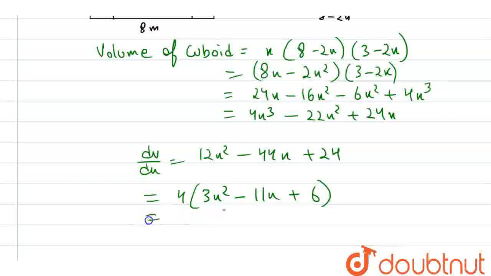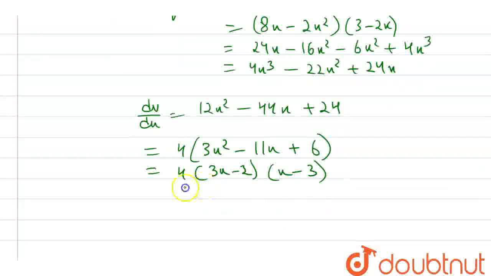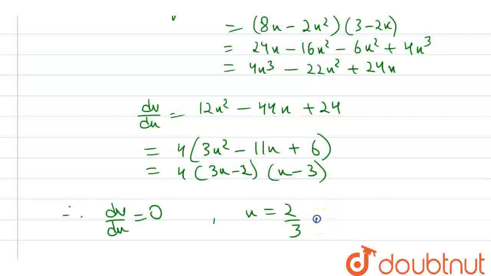Factorizing this equation, we get 4 into 3x minus 2 and x minus 3. So if dV by dx is equal to 0, the x values come as 2 by 3 and 3.